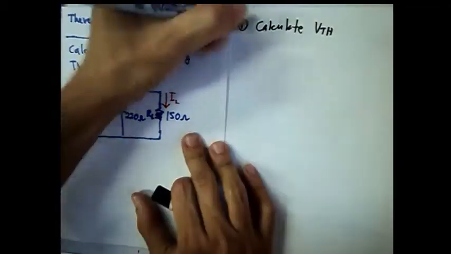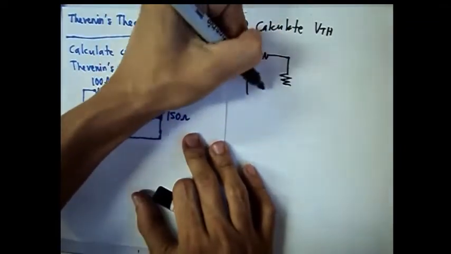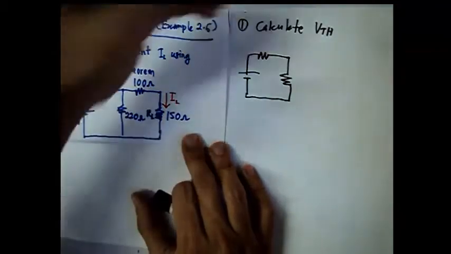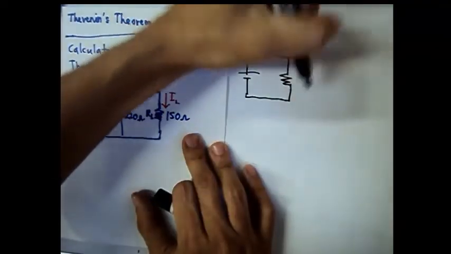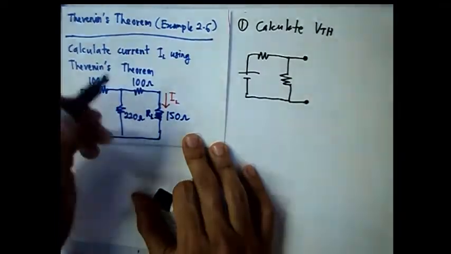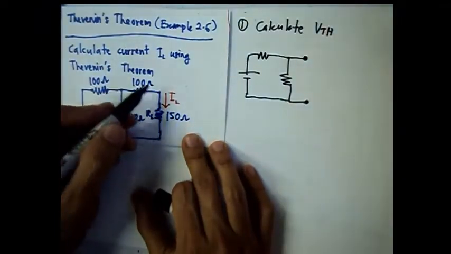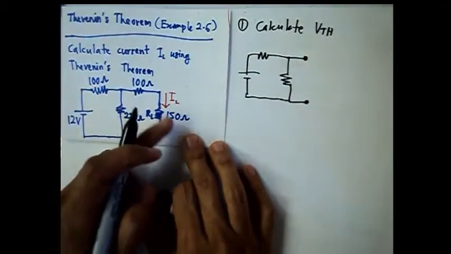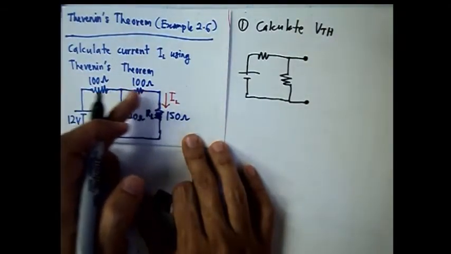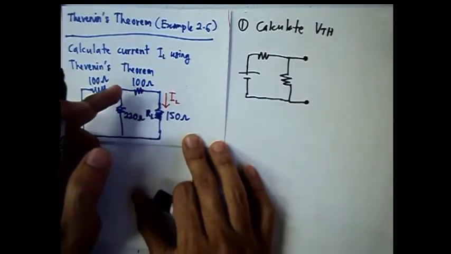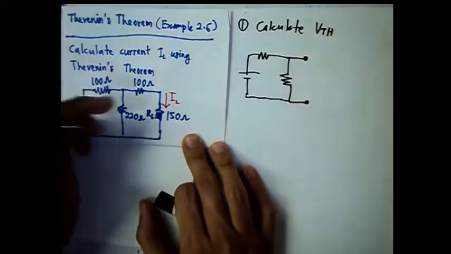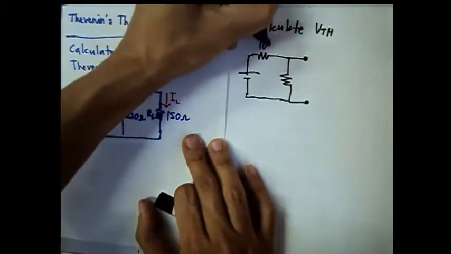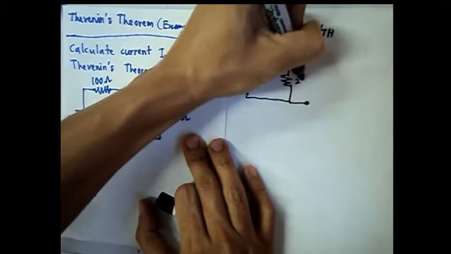So we draw back the circuit, but now instead of removing only the 150 ohm resistor, I want to remove both resistors that are flowed through by current IL, which is not only the 150 ohm; the 100 ohm here is also flowed through by IL. So we remove both resistors there. We only have here 100 ohm and 220 ohm.